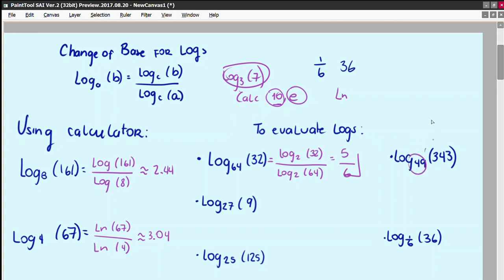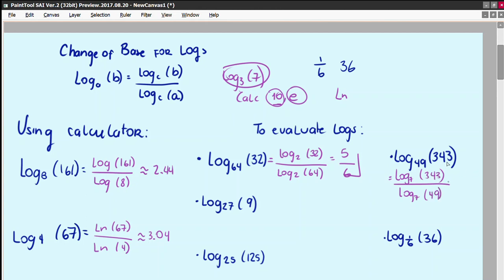For this second one, we know that the relationship between 49 and 343 is that they are both powers of 7. So to evaluate this logarithm, I can change it to base 7. I'm going to do this by applying my formula, that is logarithm of my new base of this argument over logarithm new base of the previous base.